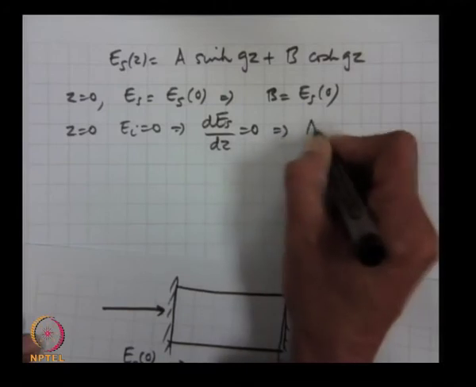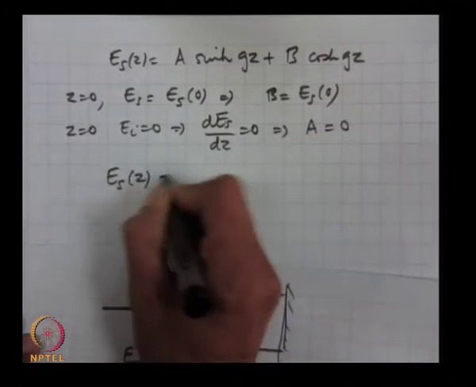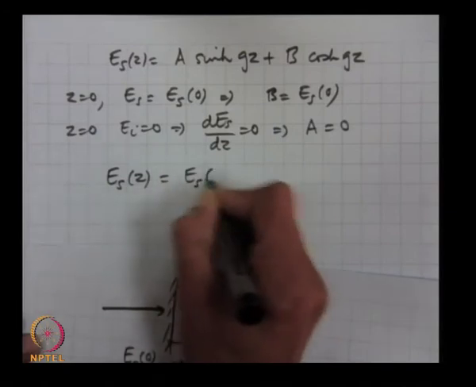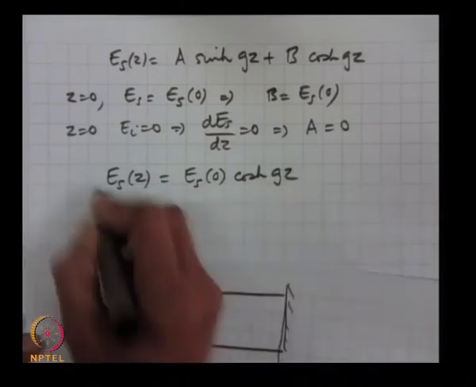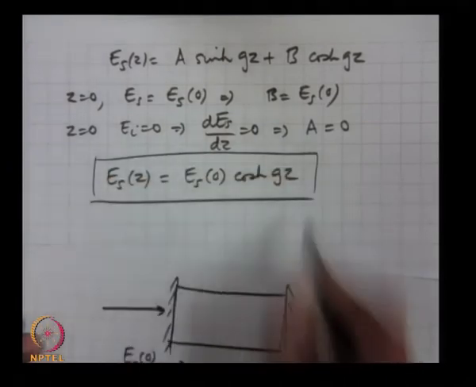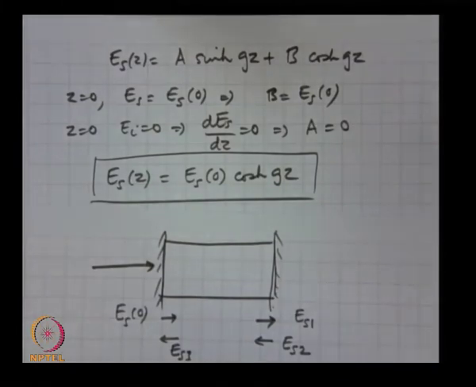This implies A is equal to 0. So the solution is Es(z) equal to Es0 cosh(Gz). For large Gz it becomes exponential, but otherwise it's cosh.